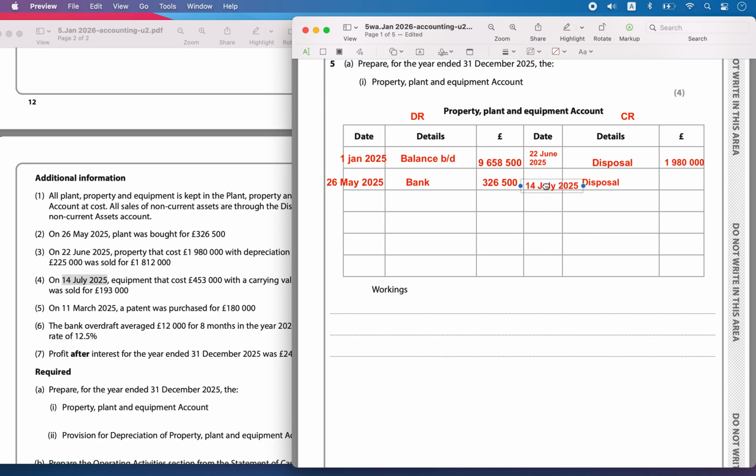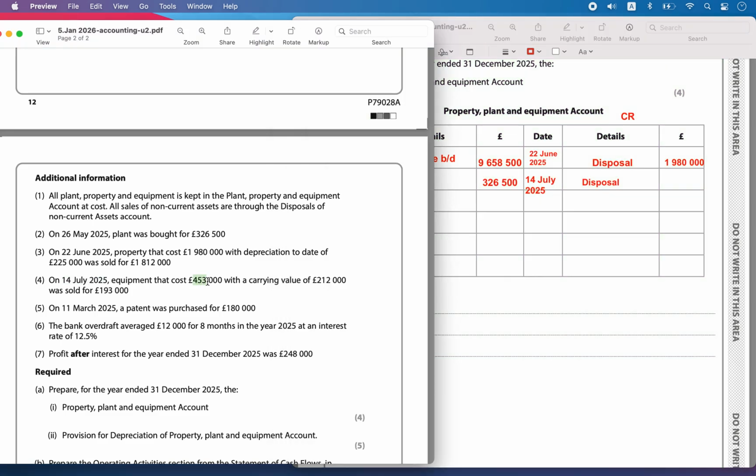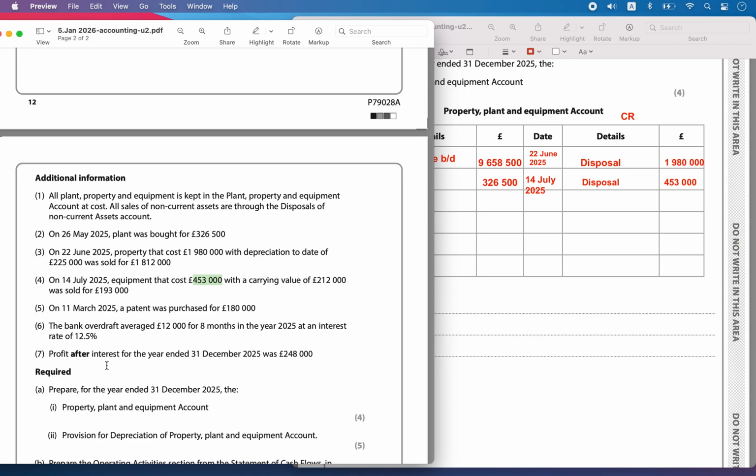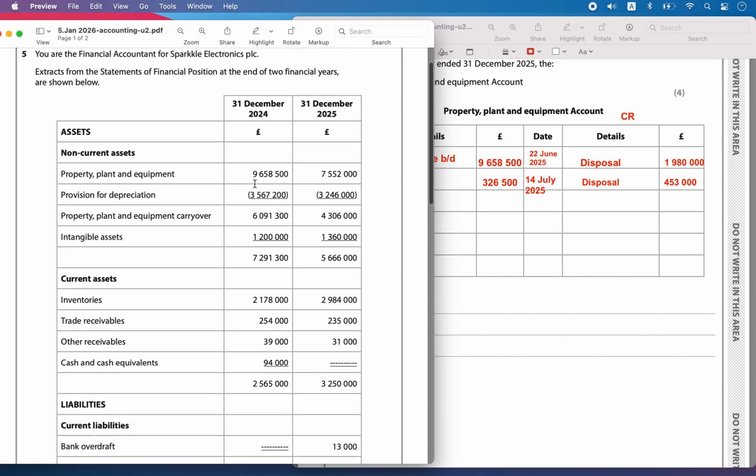This happened on 14th July 2025, and the cost of the equipment was 453,000. The patent is not going to come in, as it's an intangible asset. So these are the things.